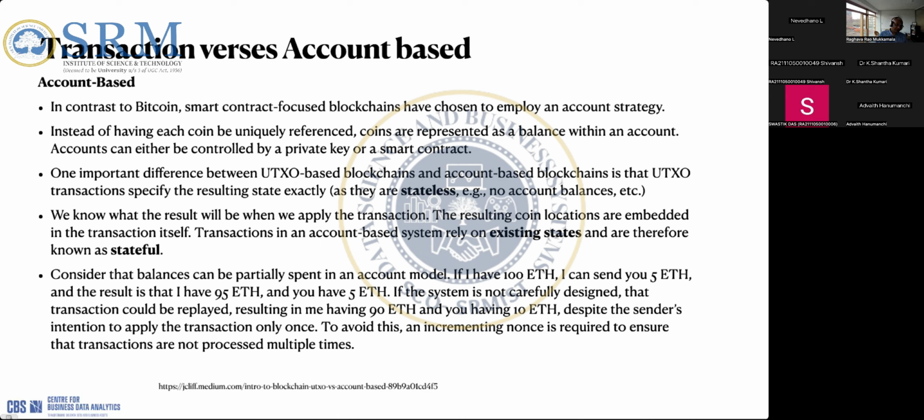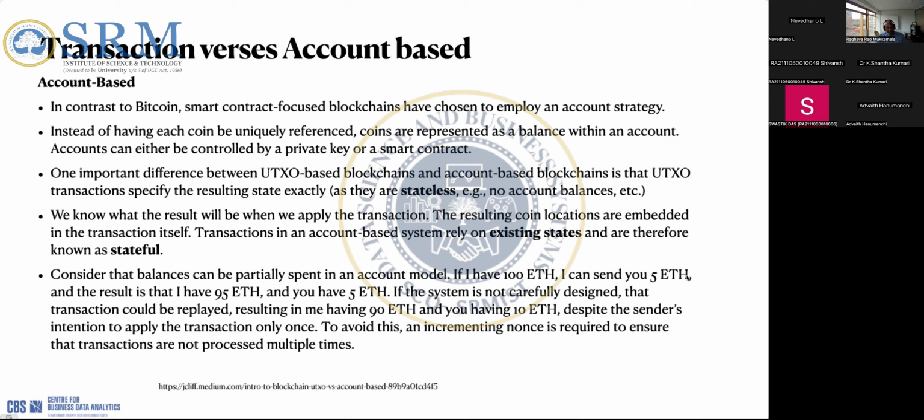Let me take an example to show why this statefulness in an account-based ledger is important. Let's say the balances are all listed, and we have 100 ethers. Ether is a currency on Ethereum.